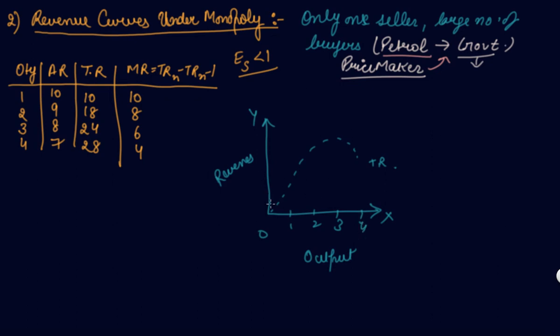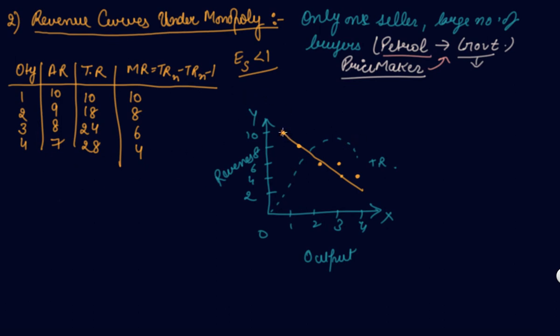We can take it on the scale of 2, let's say 2, 4, 6, 8 and 10. At 1 your marginal is 10, at 2 it is 8, at 3 it is 6, at 4 it is 4. So at 4 it is 4, at 3 it is 6, at 2 it is 2. So this is somewhere here, a straight line will come. Just because I'm not using a pencil and scale, I cannot have a straight line with this.